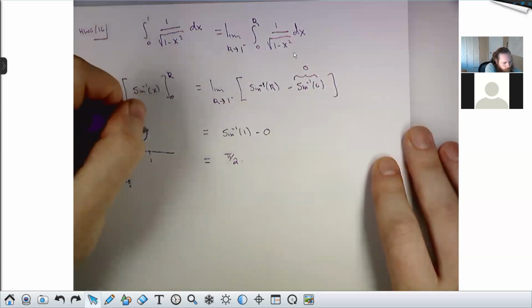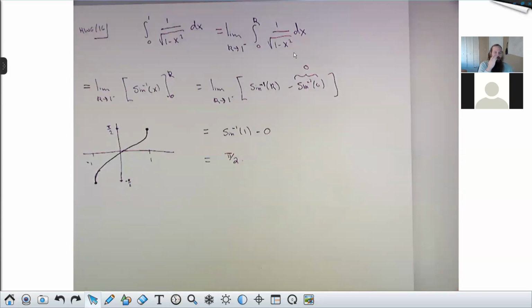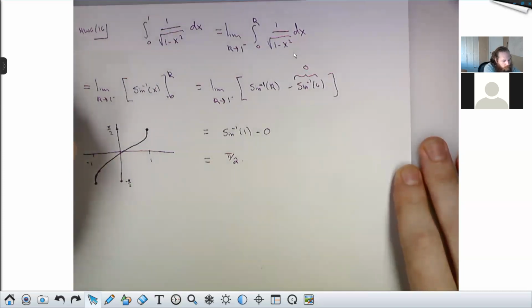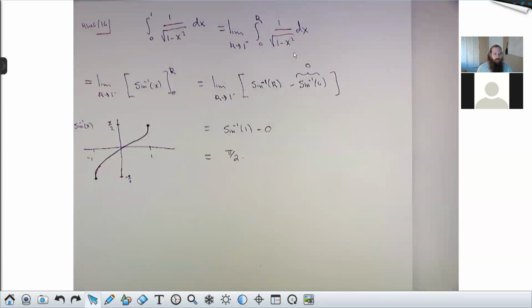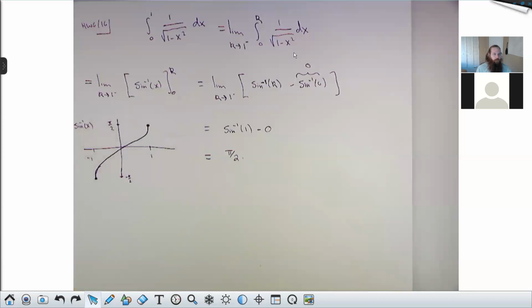It has vertical tangents at -1 and +1, but it is continuous there, or at least left and right continuous. So as x tends to 1 from the left, the inverse sine of x does tend to pi over 2.